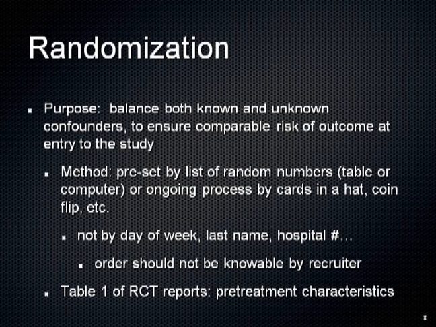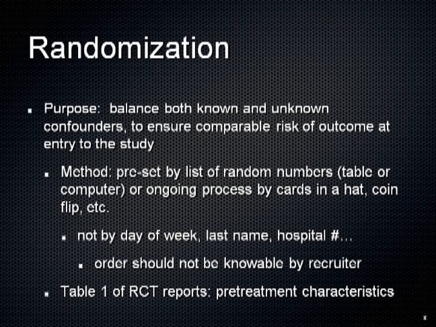Randomization, the purpose very clearly, and you've heard this over and over again, but it can't be said enough. The purpose of randomization is to balance both known and unknown confounders to ensure that both treatment groups have comparable risk of the failure outcomes at study entry. So we start everybody on average at the same point.